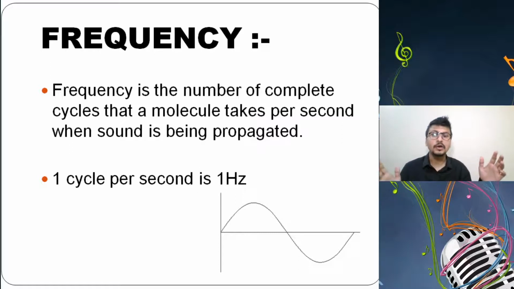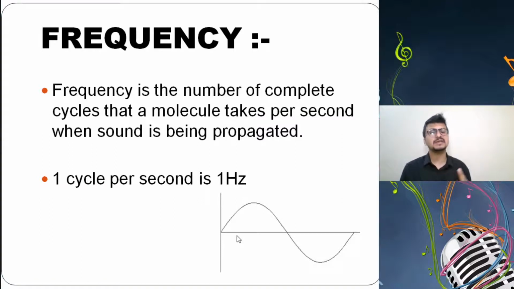A single wave is produced, and that's one cycle that you can see here. This is the x-axis and this is the y-axis. A wave is initiating from this point and going to the top, then going to the negative side, and moving back to the x-axis. So this completes one cycle.